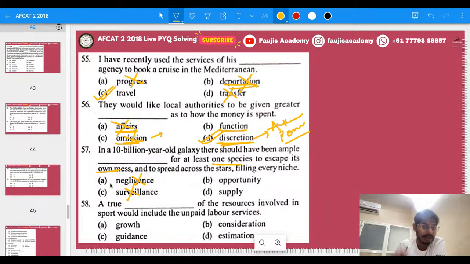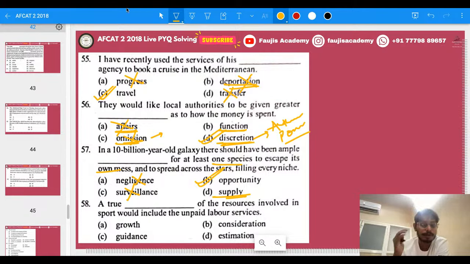Surveillance is CCTV; by using CCTV, you are conducting surveillance. The correct usage over here is opportunity. Ample opportunity. There should have been ample opportunity so that you leave the earth and go be in some other place, maybe Mars or maybe Proxima Centauri.